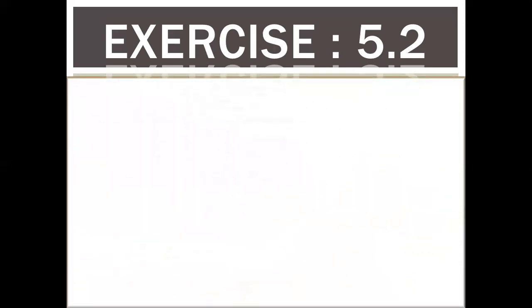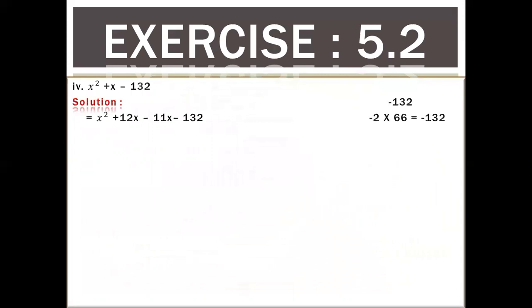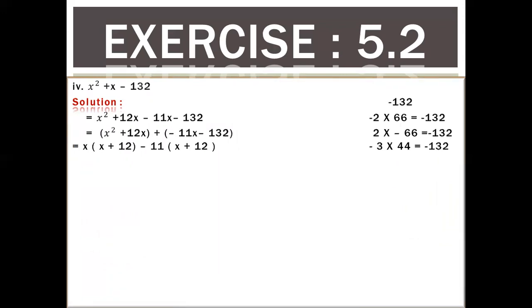Yes, next is x square plus x minus 132. Minus 132 is a very big number, and we find all the possible factors of minus 132. You see that there is a plus sign with x and a negative sign with the constant number.